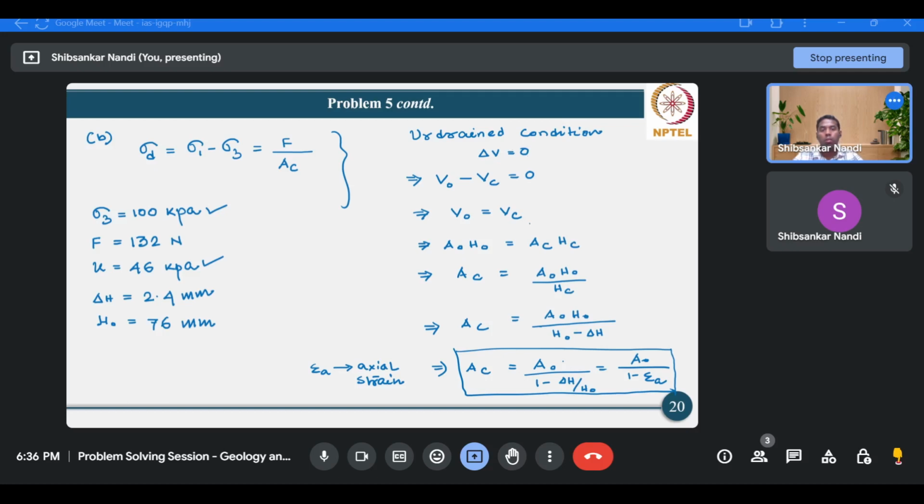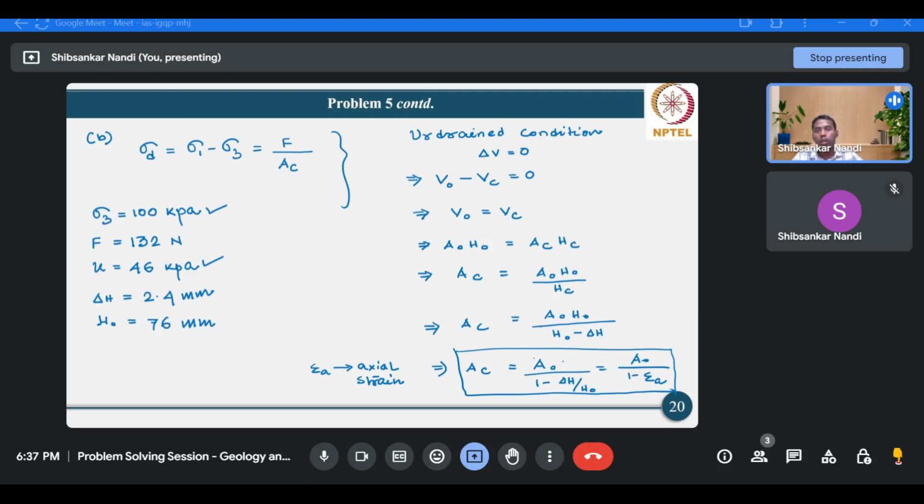So therefore the expression of corrected area would be A0 divided by 1 minus epsilon A, where A0 is the initial cross-sectional area that you know from the sample dimension, and epsilon A is nothing but the axial strain. Axial strain is the axial deformation divided by the initial height of the sample.